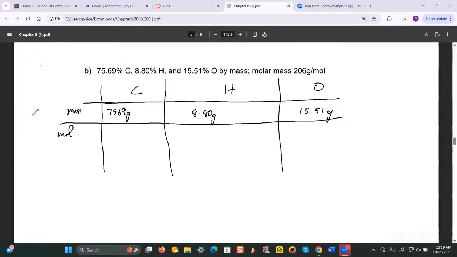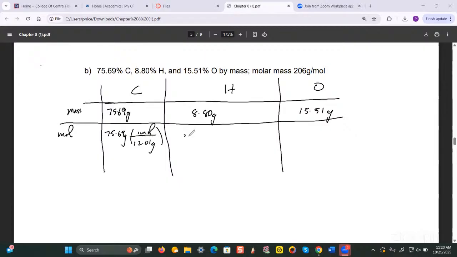And the way we do that, of course, is that we divide each of the mass in grams by the respective molar masses. So in the case of carbon, that would be 75.69 grams multiplied by 1 mole of carbon divided by 12.01 grams.